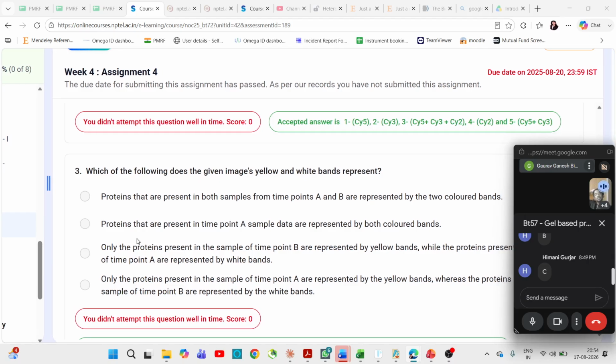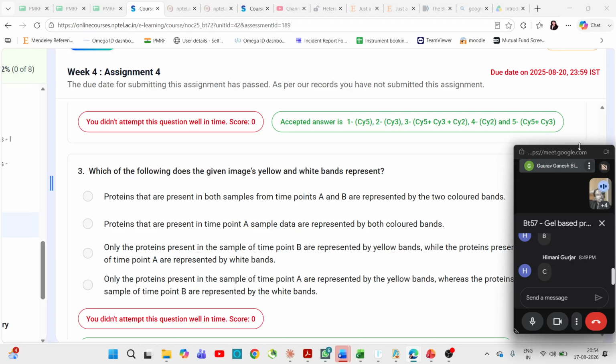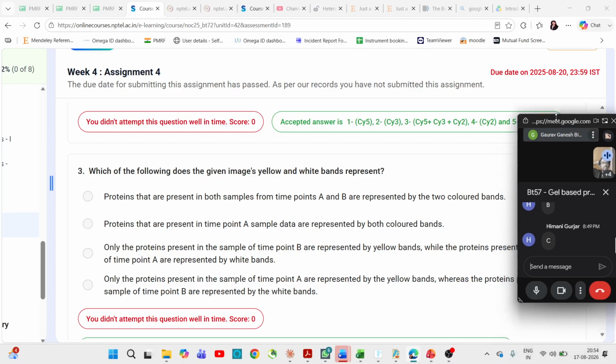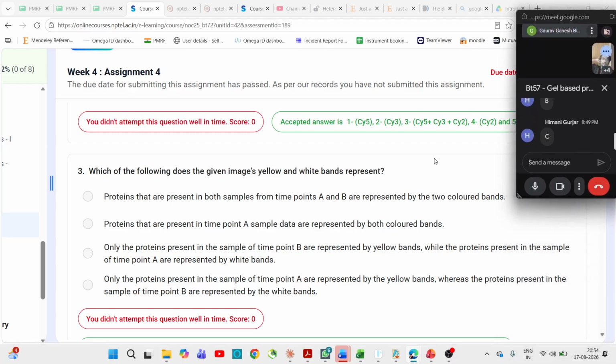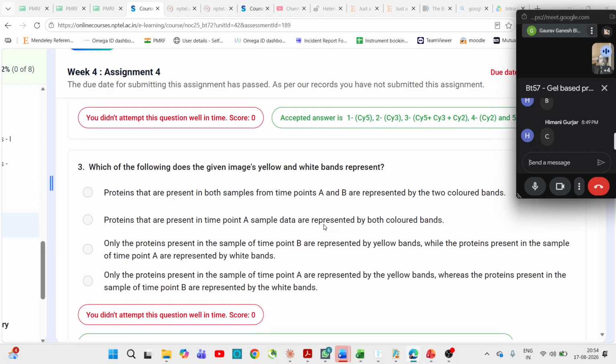This is much more related to data analysis, wherein gel-based proteomics majorly deals with how the technique is performed. This is a different course though, but it runs along similar lines. So I thought we could do these questions as well. These are a little complicated questions, but in terms of analysis, how exactly those can be done, that's what these types of questions in this course cover.